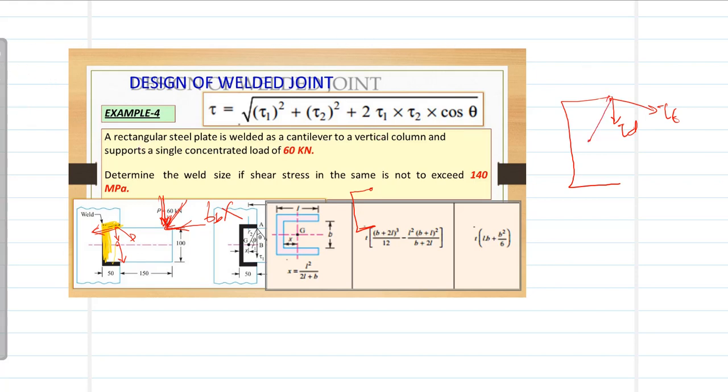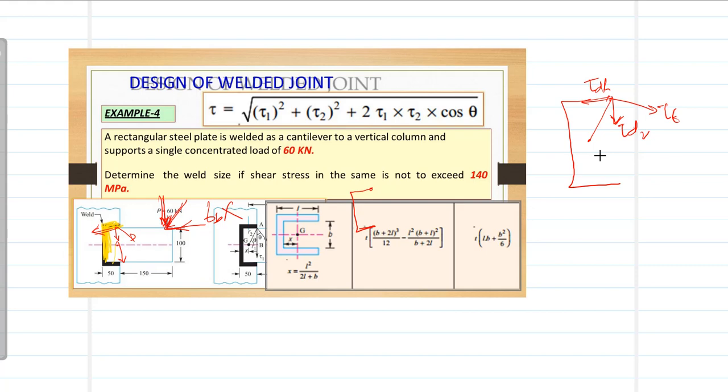Because of the horizontal component, we have an additional direct shear, which we call tau d h. So what we have to do is only perform a vector sum. We have three shear stresses, and we have to convert them into horizontal and vertical components.